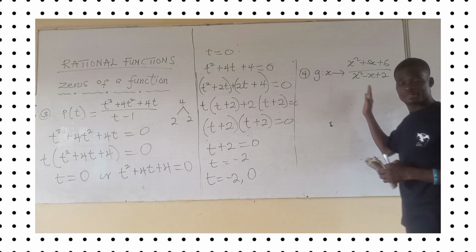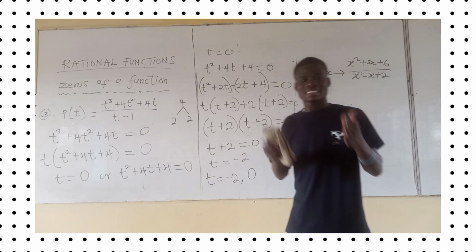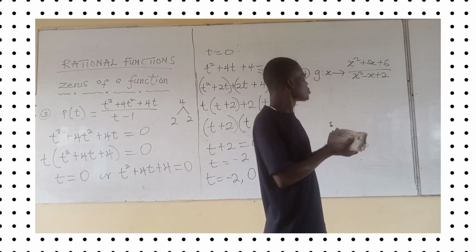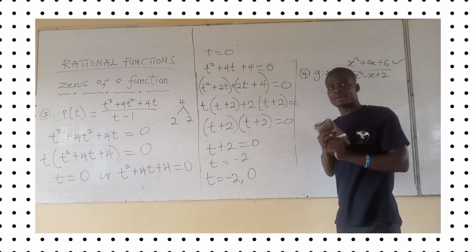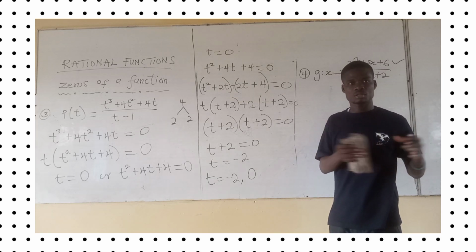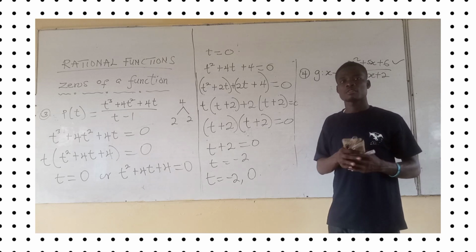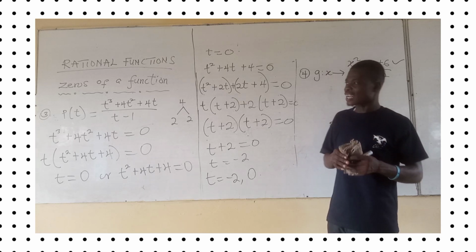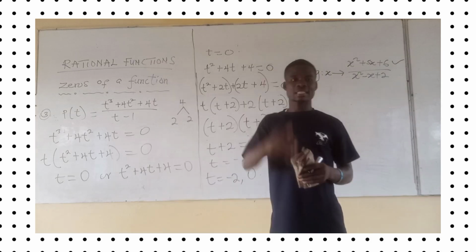So at this note, I will leave this question for you to solve. Take your time, set the numerator to 0, and solve the remaining quadratic equation to get the zeros of the function, or the values that will make the function g of s exist.